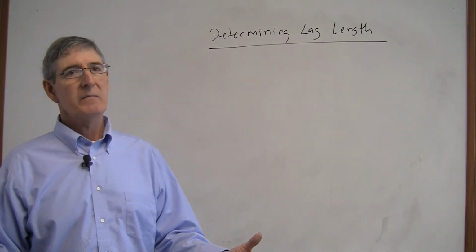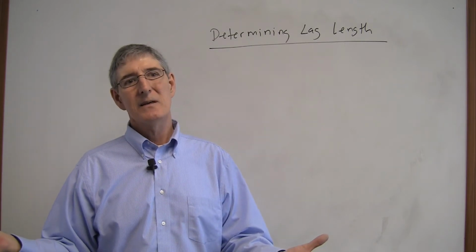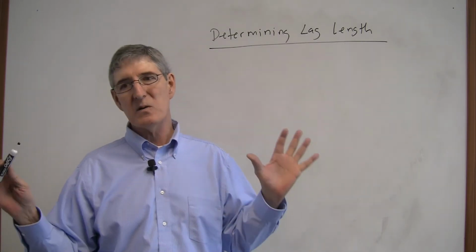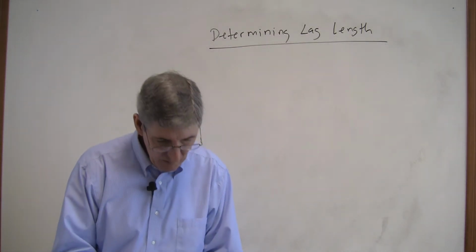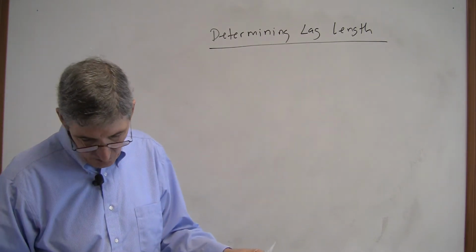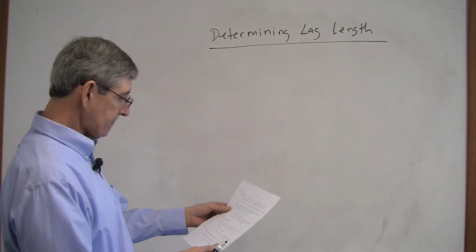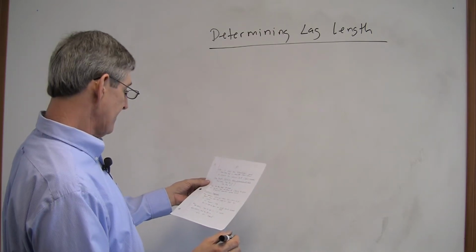Too many, essentially it makes it harder to reject the null hypothesis. Too few gives you all sorts of bias and other sorts of problems. And so generally, if we're going to make a mistake, we want to make the one that gives us too many lags. Okay.